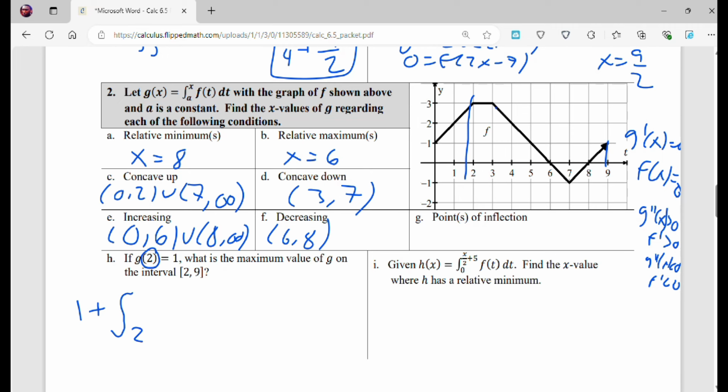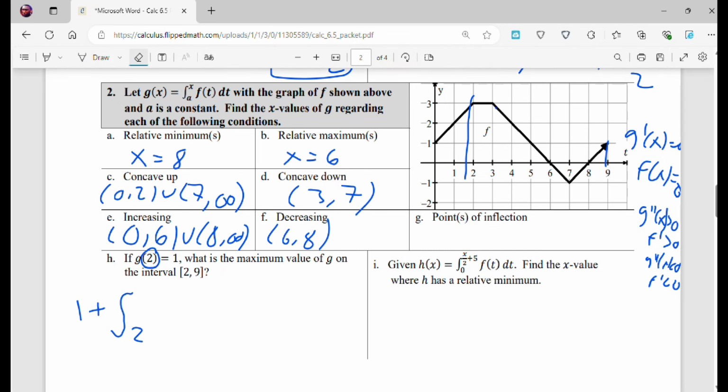You cannot do the integral from 1 to something, or from 3 to something, because you don't know what the value is at those points. But we do know that when x is 2, g is 1. So from 2 to, well, we have to figure out the upper limit.